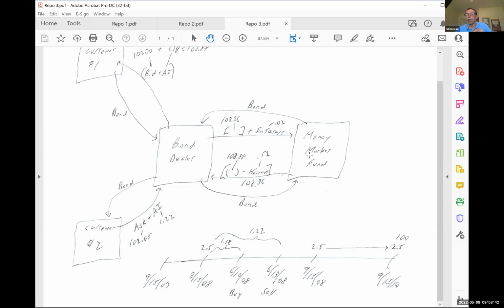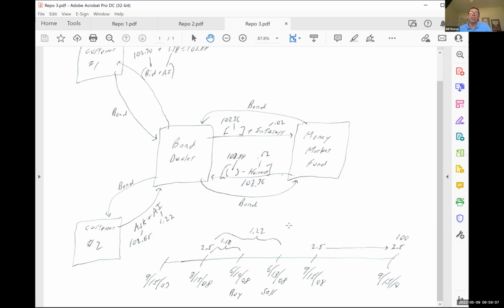That's a positive carry. Whenever you can borrow money at one rate so that you can invest it at a higher rate, that is positive carry. So as long as the coupon rate here is greater than the repo rate, the bond dealer has positive carry and is going to be making money there. Notice that the interest on the repo right here is 0.02.